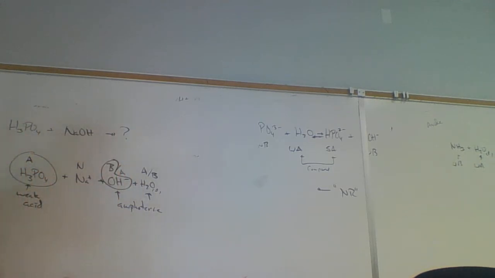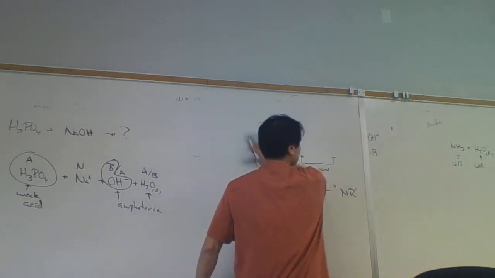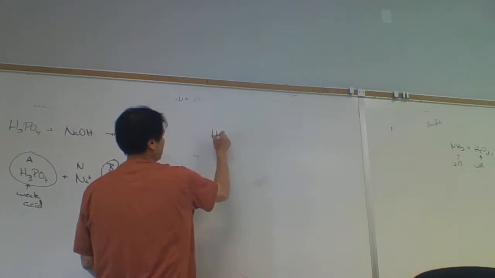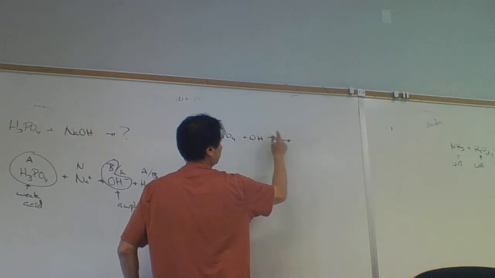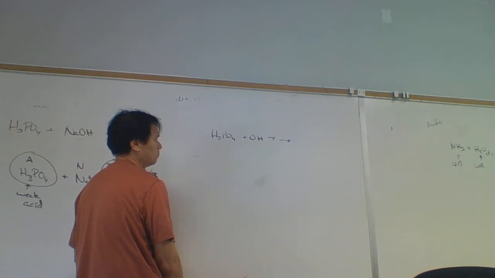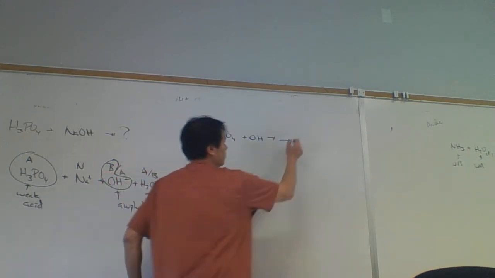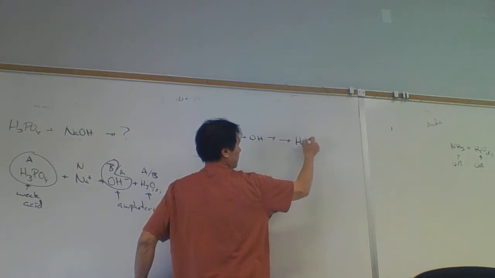And so the acid is going to be phosphoric acid, the base is going to be hydroxide. If we did this Bronsted-Lowry, we're going to take H3PO4 plus hydroxide, and it's going to form water and H2PO4 minus.